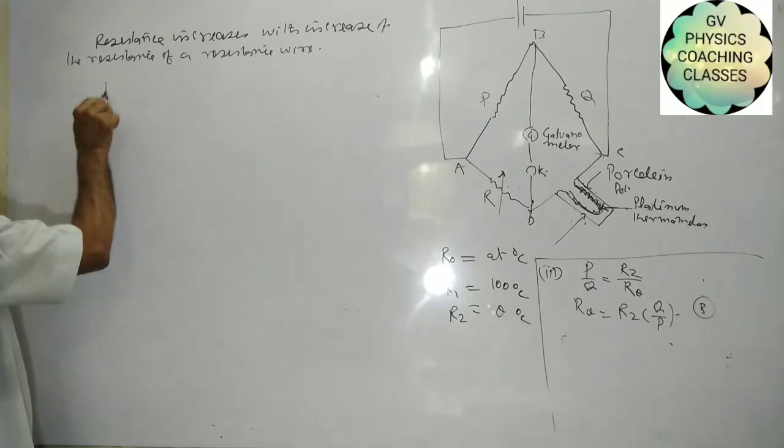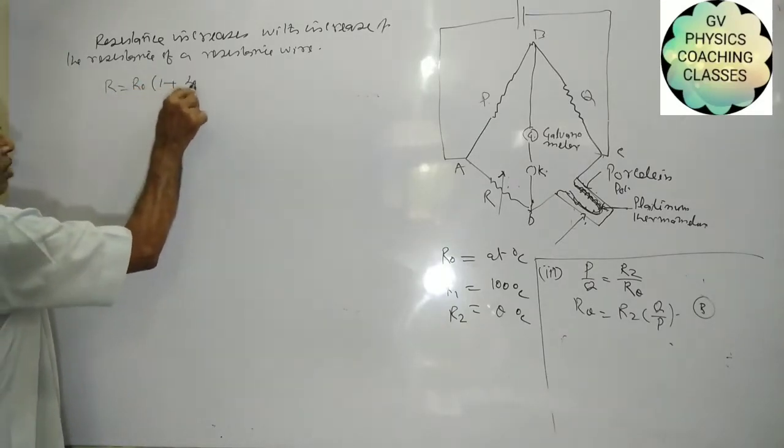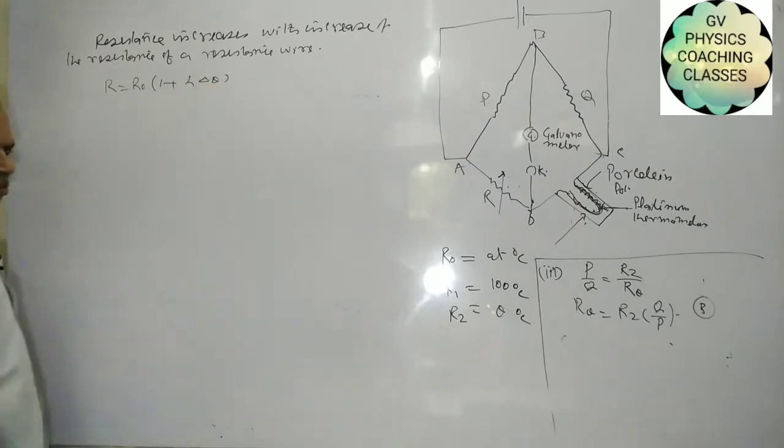Then R equals R naught into 1 plus alpha into delta theta.